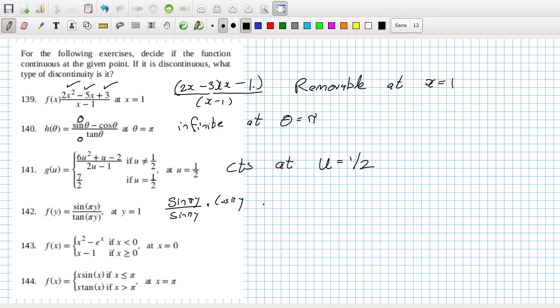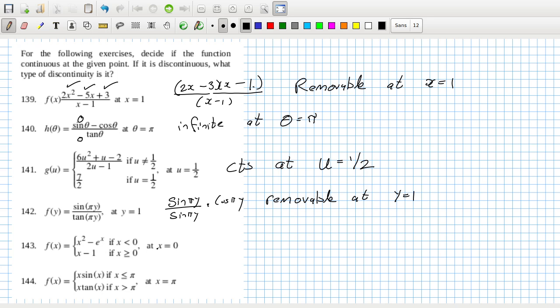And yeah, so this is a removable at 1, because you could remove this here. Yeah, it's a removable at y equals 1. Okay, now let's see what's happening here.